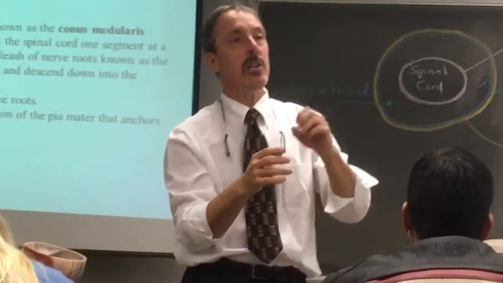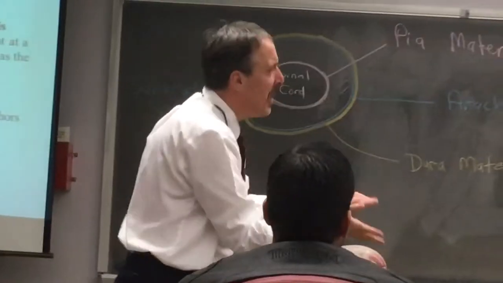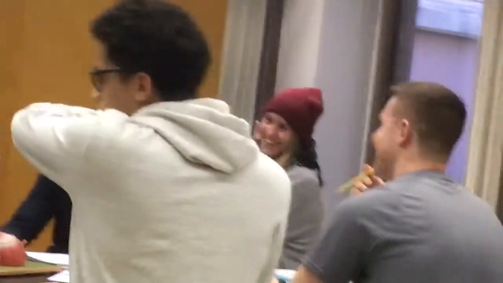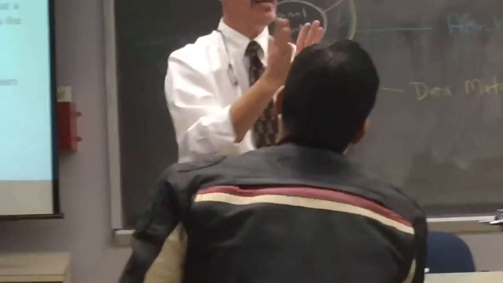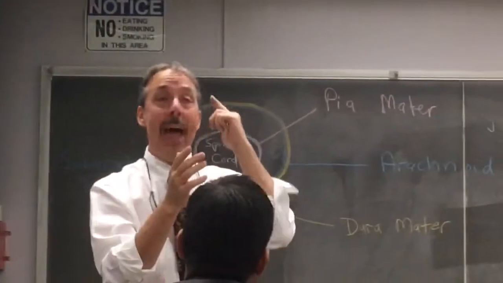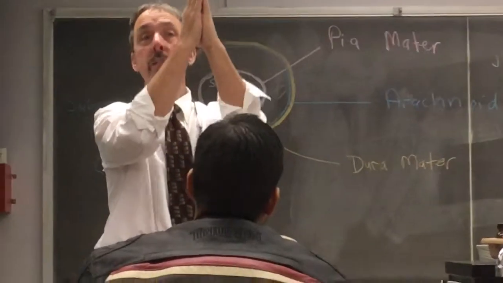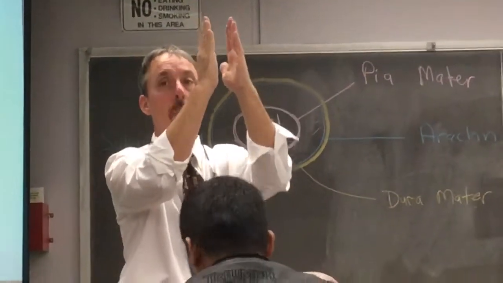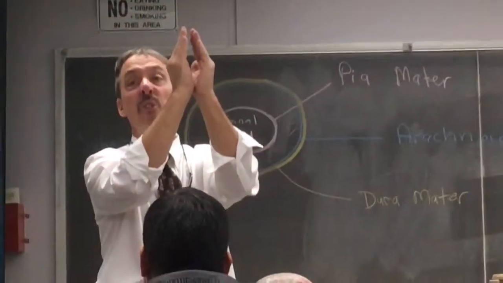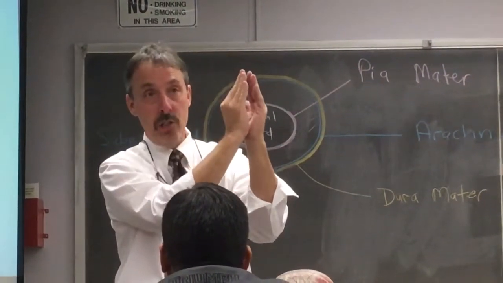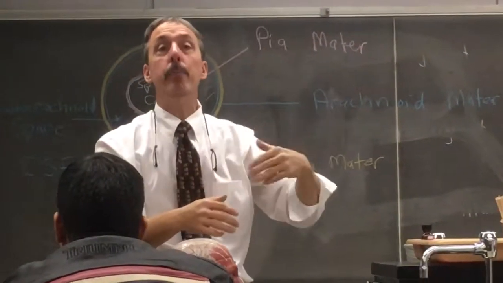But let's just say somebody falls off their chair, and this is actually perfect. I'm glad you did that. Had Amanda hit her head, you did, right? Yes. Okay. But let's say she hit her head, and now there's bleeding and inflammation in the brain. Blood will do this, guys. It goes between the dura and the arachnoid, and we start to see the space filled with blood and inflammation. Now, that could put pressure on the brain and be fatal.